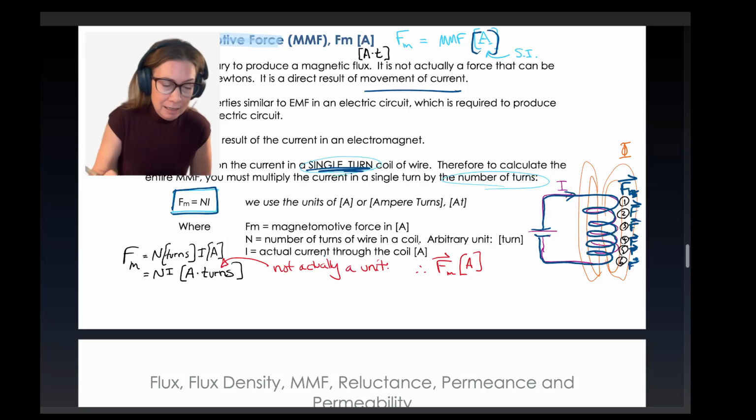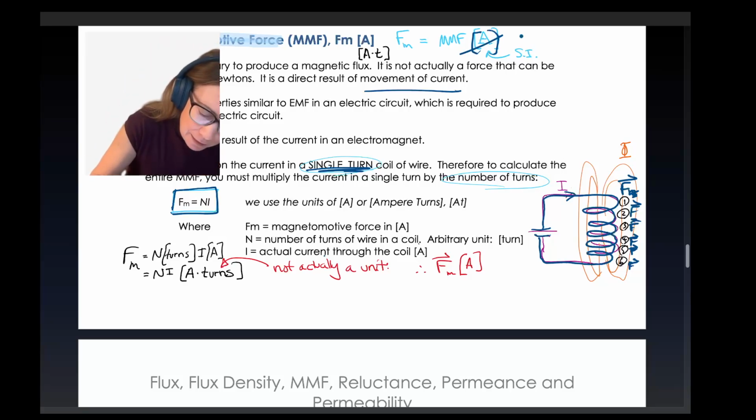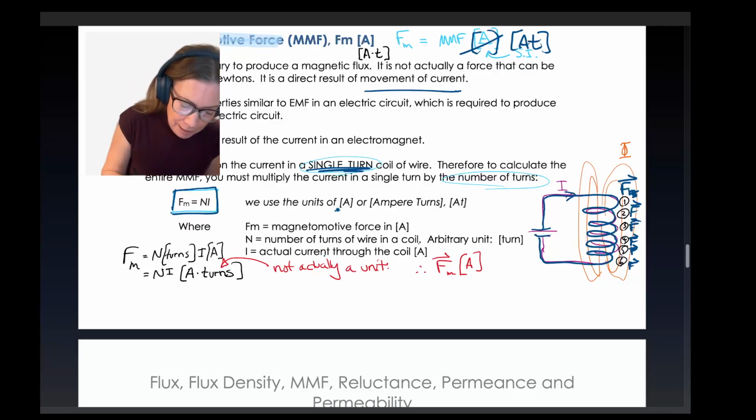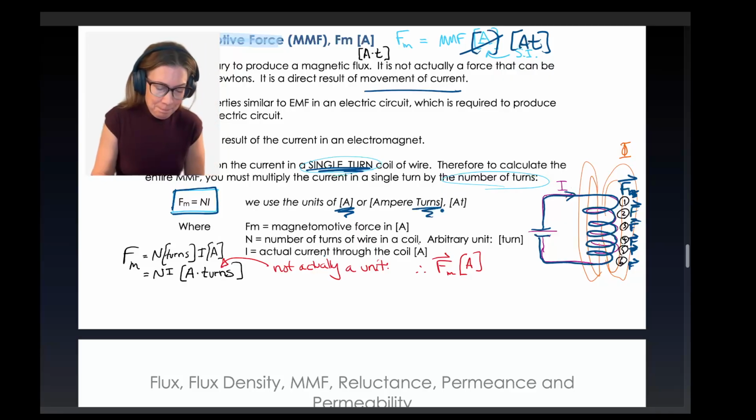So it's measured in amps, or I like to say it's measured in amp turns, amps times turns. It's N times I. Sorry, I is in amps, and turns is T.